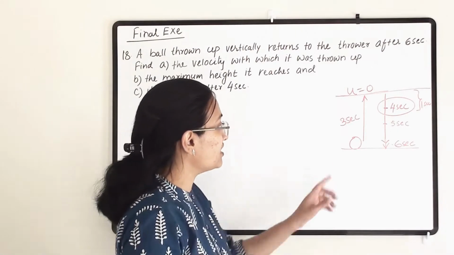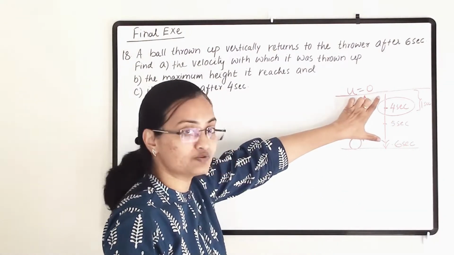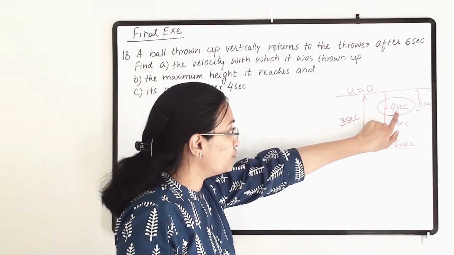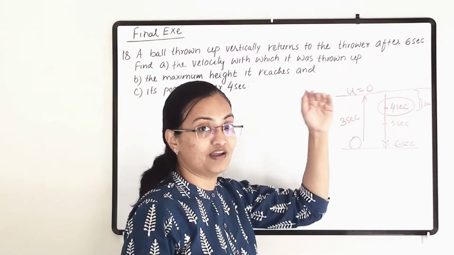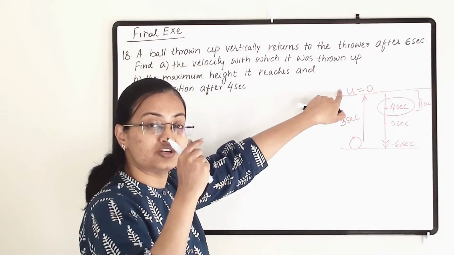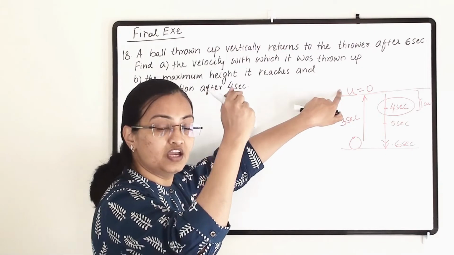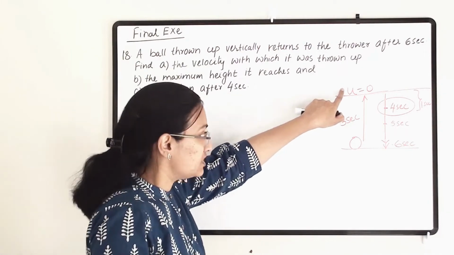We are not talking about the entire journey. We are talking only about this patch when the ball has started to come back. So this 4th second is going to be the first second for the ball when it has started coming down. For this situation its initial velocity is going to be 0, because it will reach the top, stop there and then come back. So this is going to be 0.